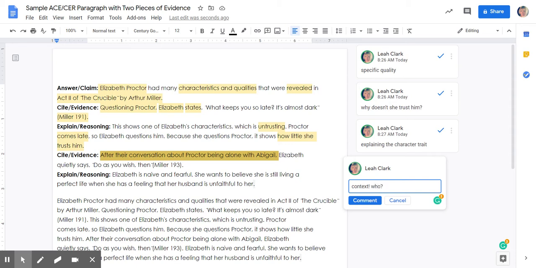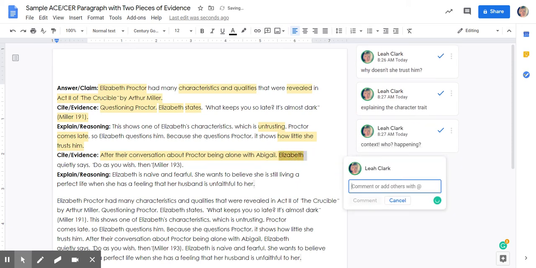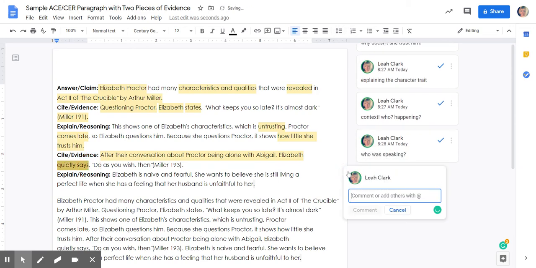Who was she speaking to? What was happening? We have to give our reader that. And then Elizabeth quietly says, again, who was speaking and what were they doing? I love how this writer says, quietly says, right?